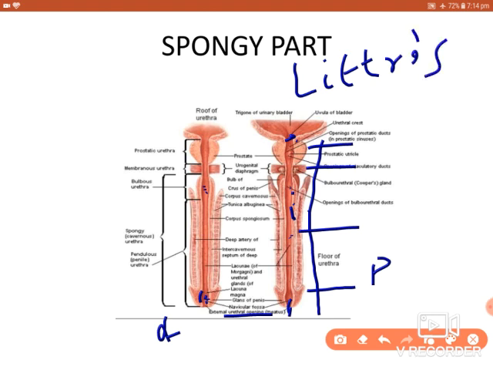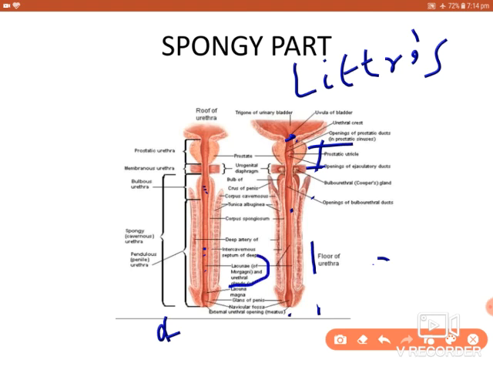Then in addition to that, there are some recesses, cavities, that you can see here in the wall. These recesses or cavities are called the lacunae of Morgagni.